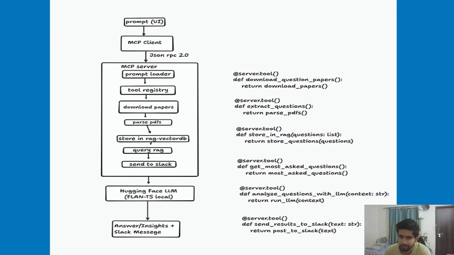One tool for extracting questions, another tool for storing them in the vector database, then another tool for getting the most asked questions and analyzing them, and another tool for sending research to Slack. So this was the entire flow diagram of the MCP server.